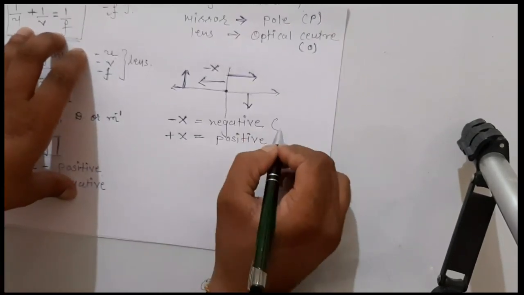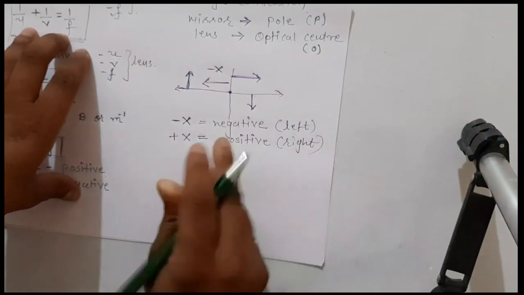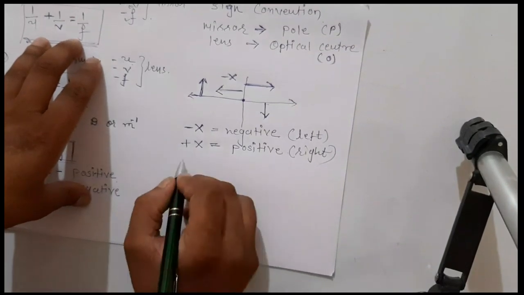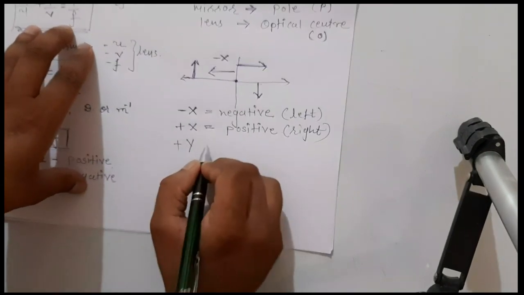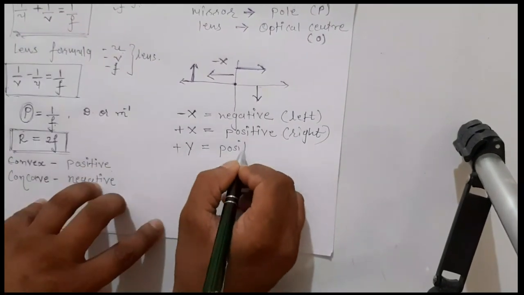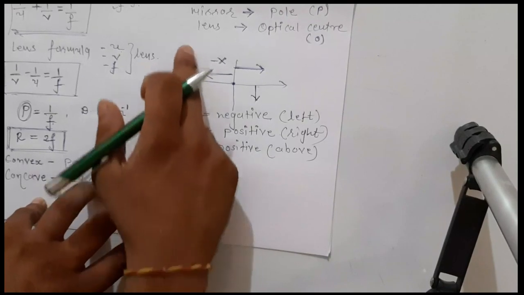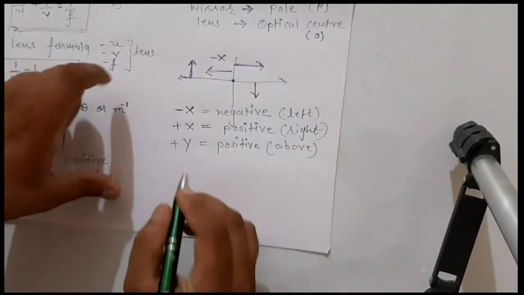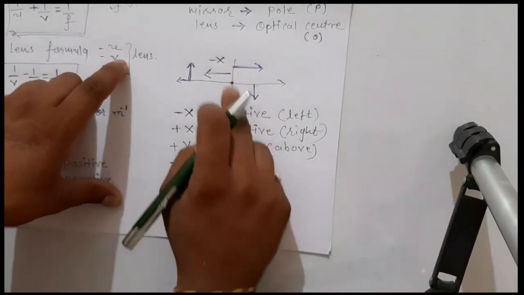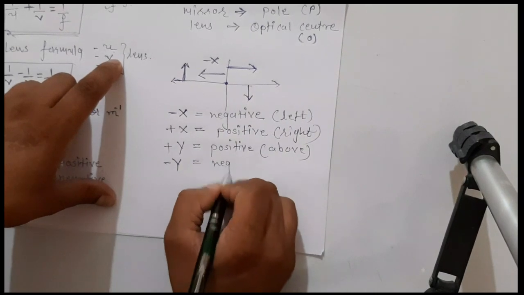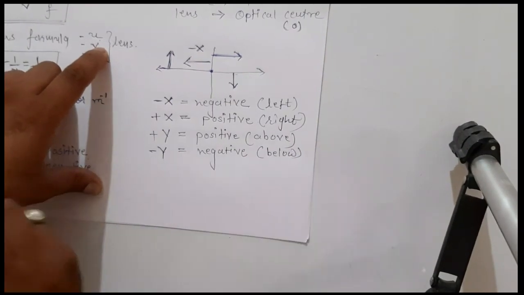Here you can say left side and right side. If the height is above the principal axis, that we will take as positive. If it is in the negative y direction, that will be negative, means if it is below our principal axis.